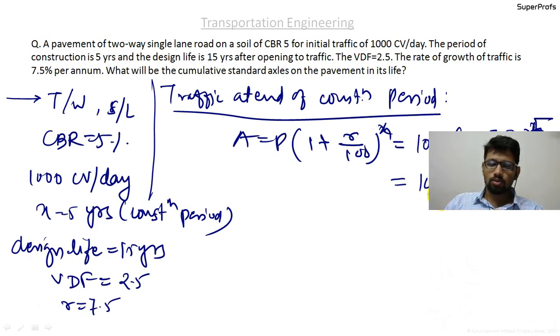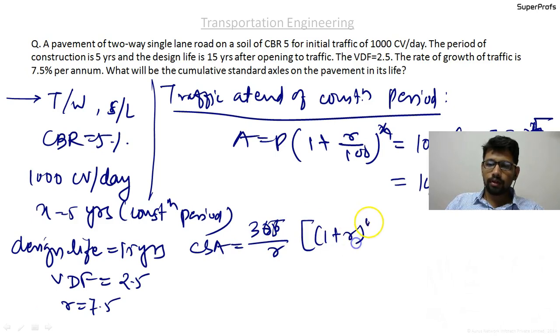Now you can use the formula that the cumulative standard axle is equal to 365 / r × ((1 + r)^n − 1) × ADF.